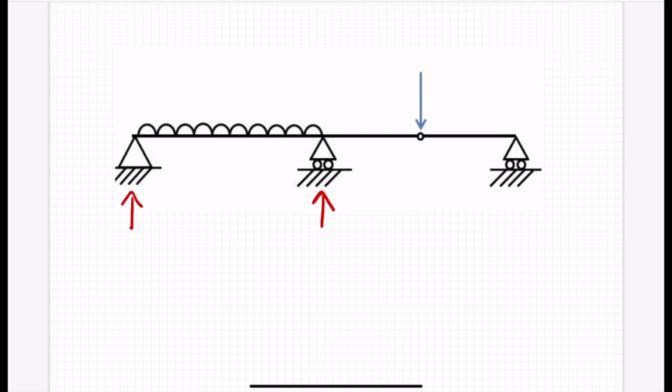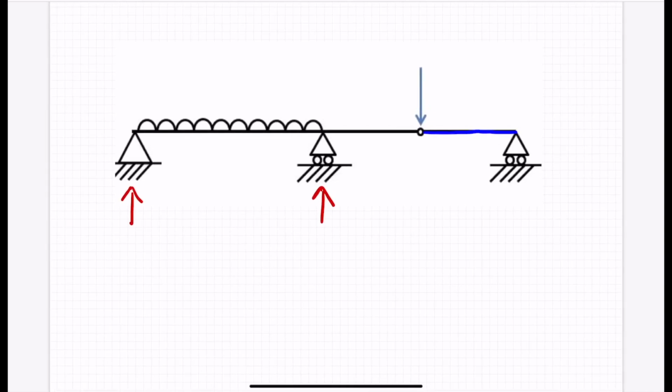So then we know that this bending moment diagram will be zero all the way up to the beam there. Then, as we've got a concentrated load and we're looking right to left, it will cause the structure to go downwards, which means we've got tension on the top side.